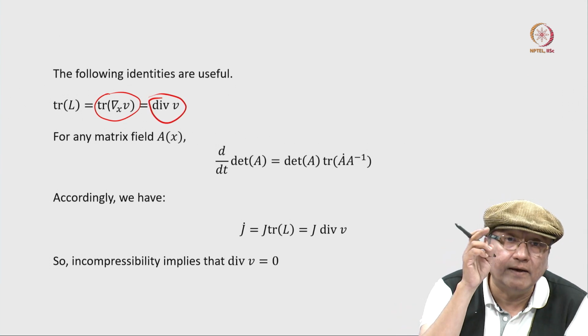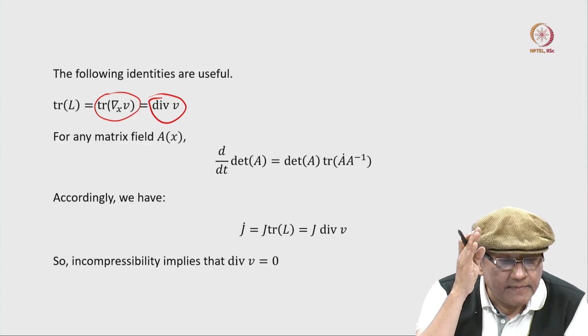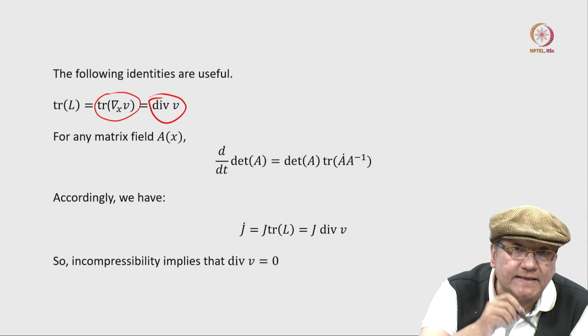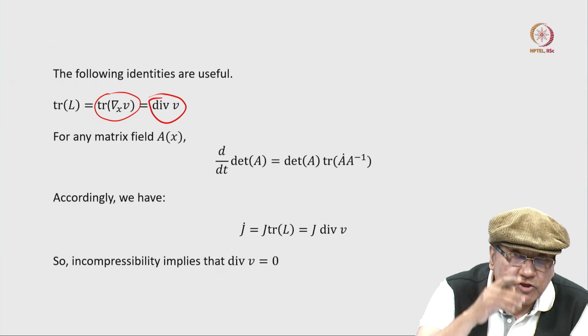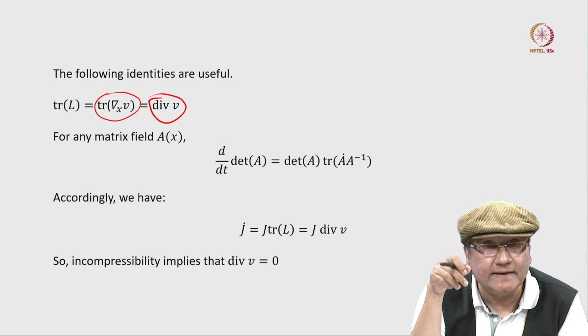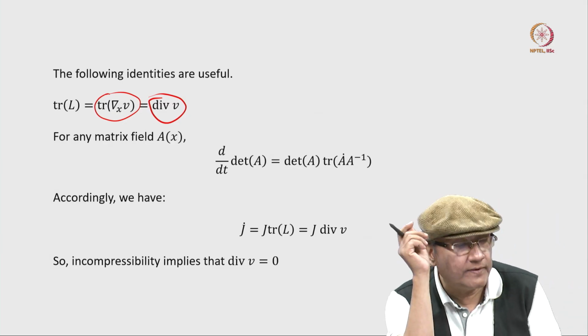On the diagonals you have only del v_i by del x_i, so there are no cross terms there. The first diagonal will be del v1 by del x1, the second diagonal will be del v2 by del x2, and if you sum it up you get divergence of v.